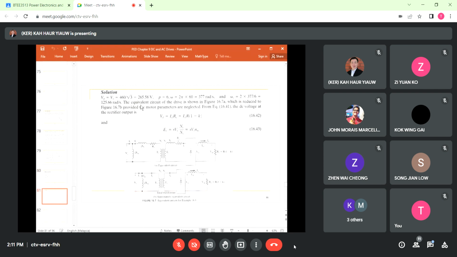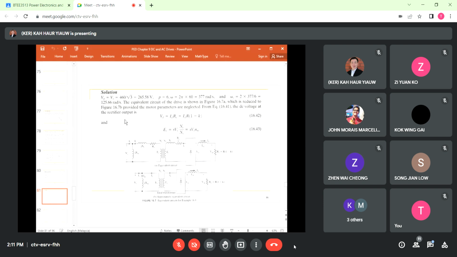So if VA is equal to VS, which is equal to 460 over root 3, that gives you the value of 265.58 volts. P is 6, so omega is equal to 377 radians per second at 60 Hz. Omega S is equal to 125.66 radians per second.